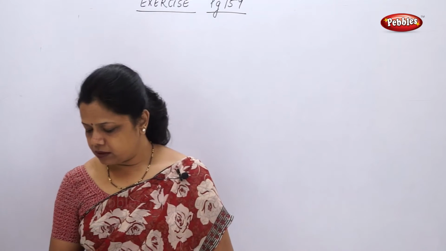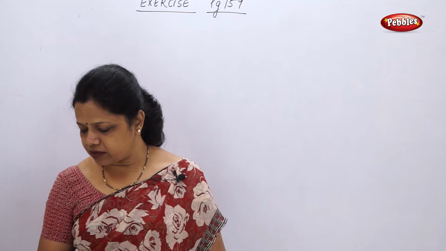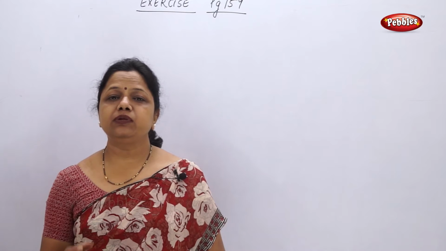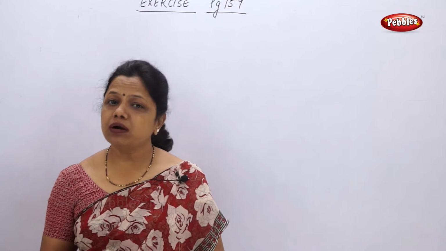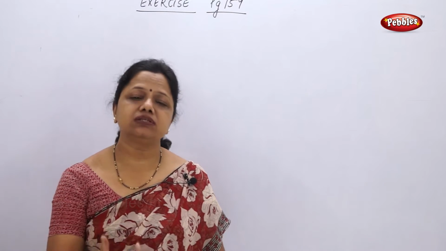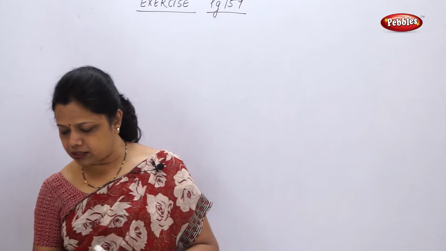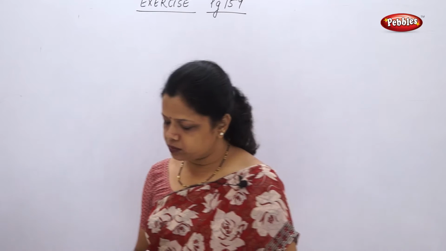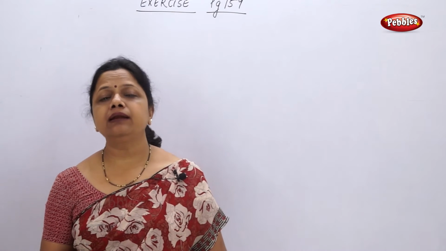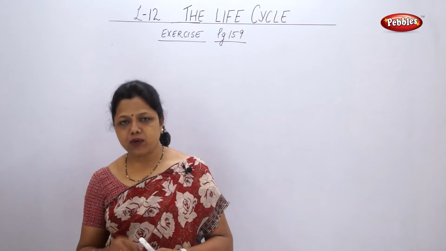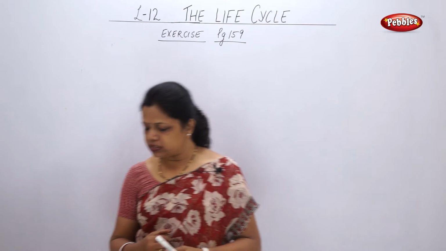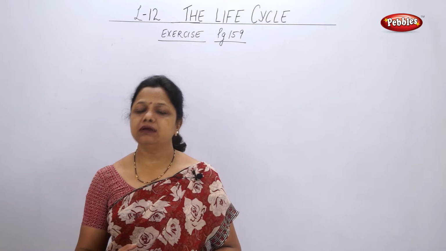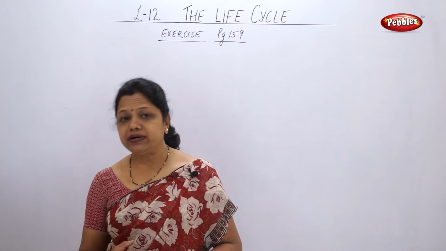Fifth one: dash gives rise to variety and diversity. I said that due to sexual reproduction, the variations are present. So the answer is sexual reproduction, which is responsible for giving rise to variety and diversity. Sixth one: Hydra uses regenerative cells for reproduction in the process of dash.